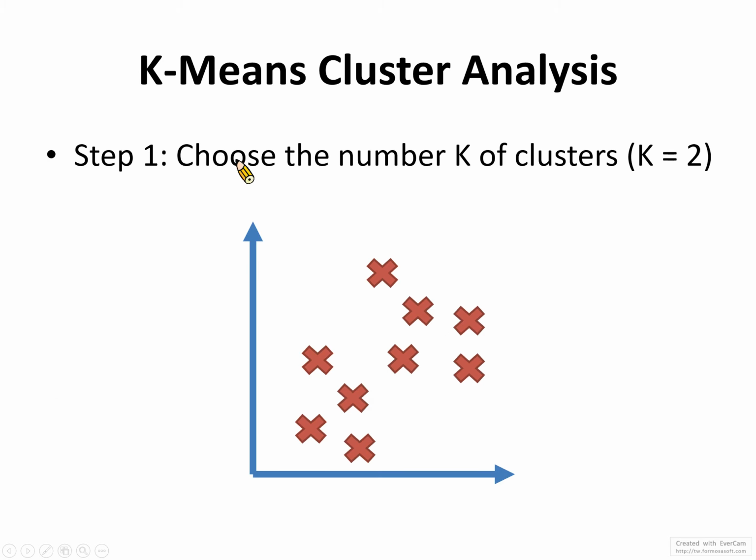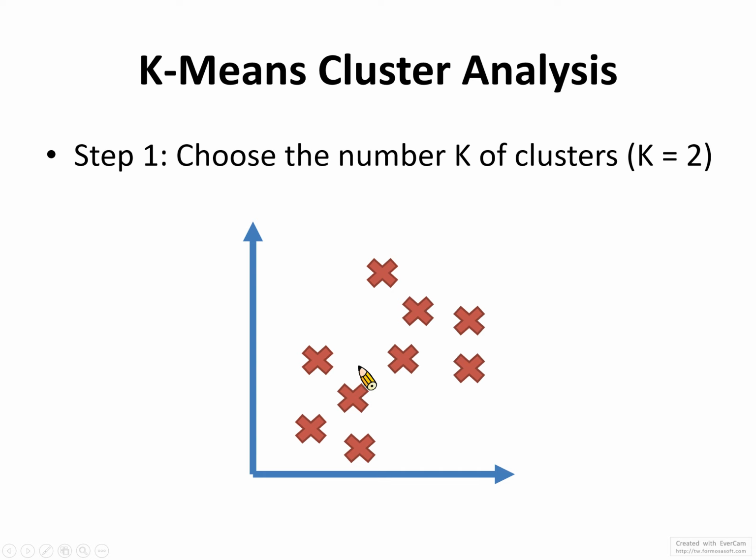So suppose we have 9 data points. Then it has 2 parameters. One is on the x-axis and the other is on the y-axis. For sure, your data may have a higher dimension, meaning that your data may have more than 2 parameters.